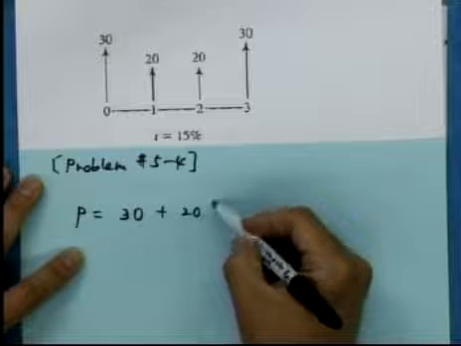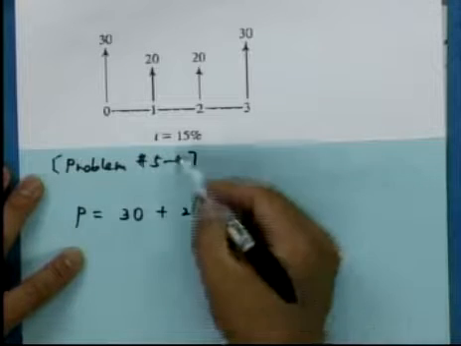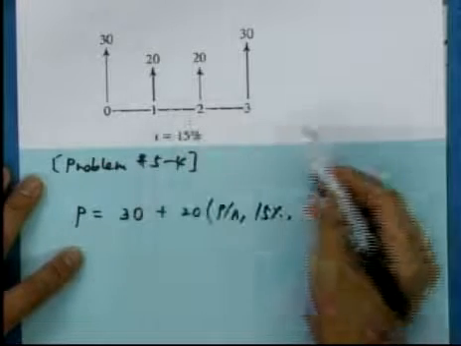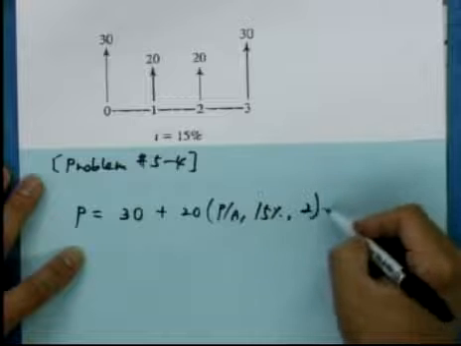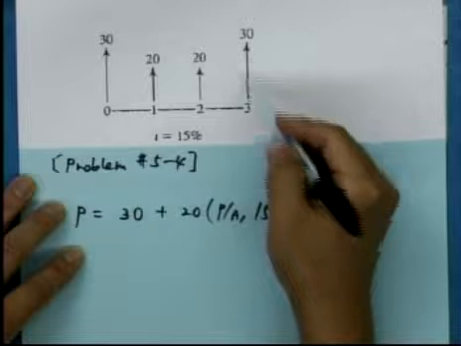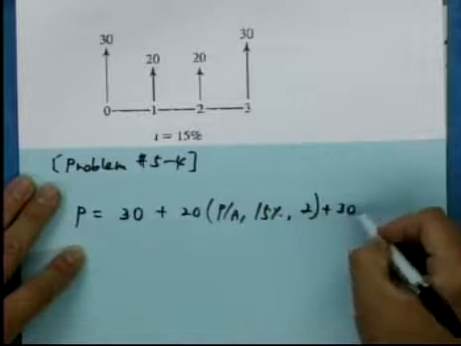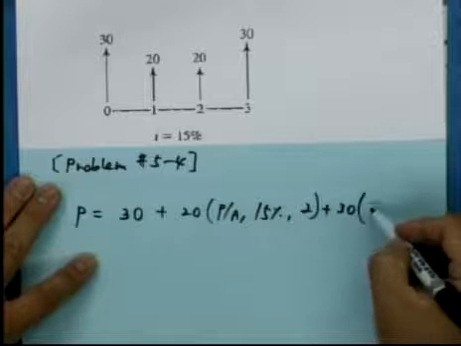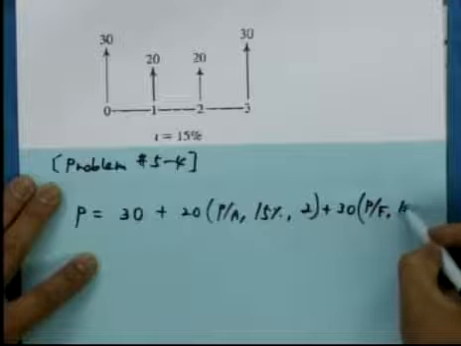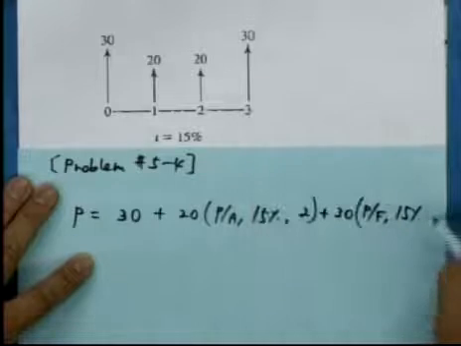So it's going to be 20 times P given A, 15%, that is the given interest rate, over 2 periods, right? And then the single amount of $30 at the end of period 3. So $30 times P given F, right? And 15% over 3 periods.